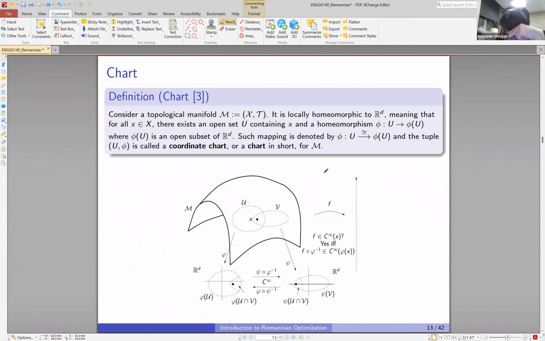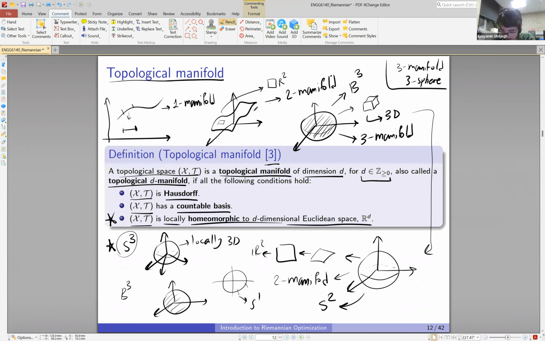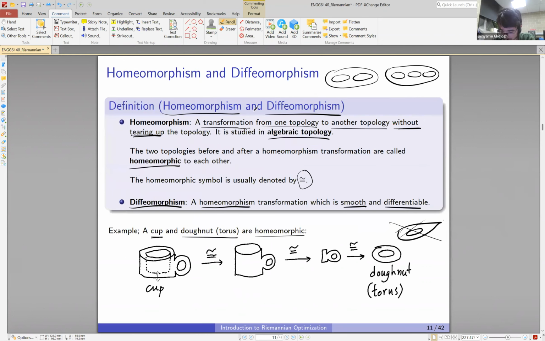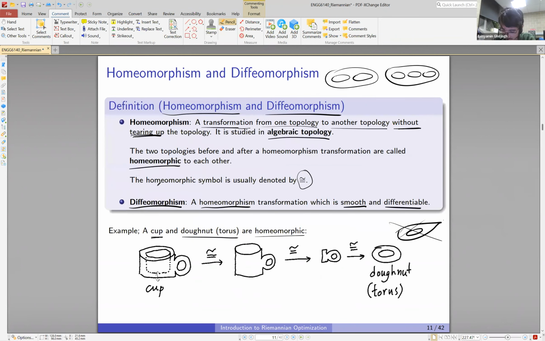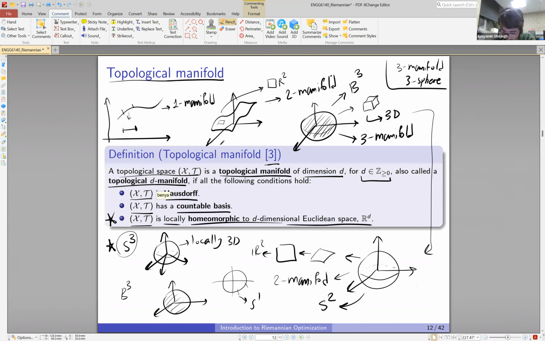Okay, now chart. You can see reference 3. Consider a topological manifold M, a topological space X and T. Do you remember what topological was? For a topological manifold, we had a topological space X and T. Then from that, we defined a topological manifold, which itself was a topological space satisfying these.